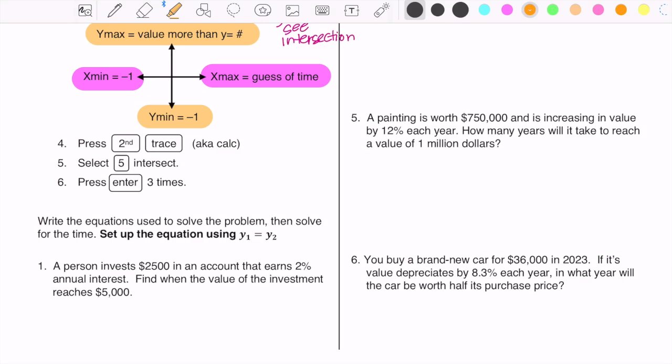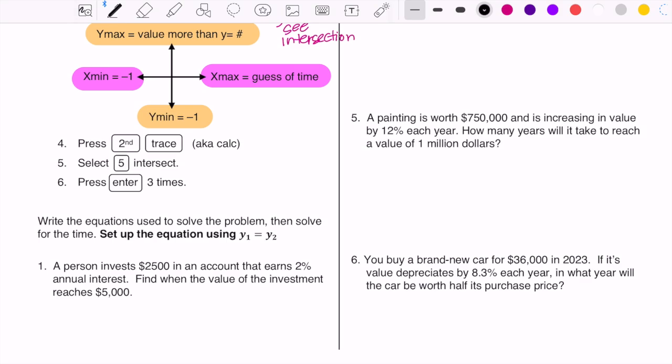So you're going to set up the equation using y1 equals and y2 equals. Here's the problem: a person invests $2,500 in an account that earns 2% annual interest, and it says find when the value of the investment reaches $5,000.